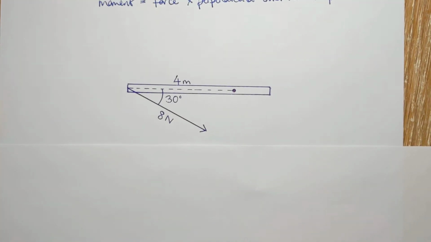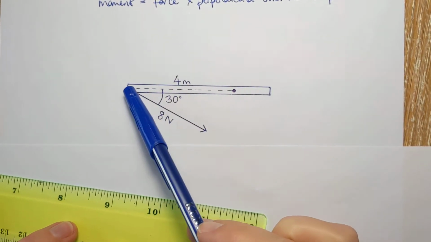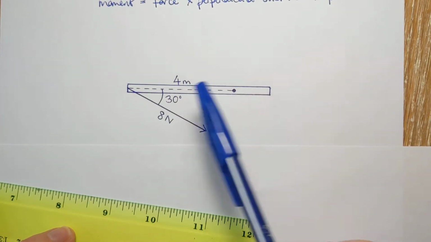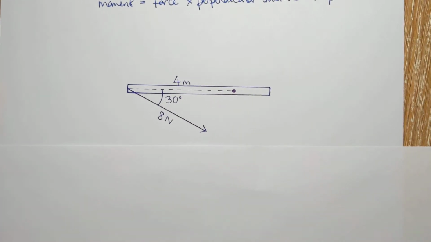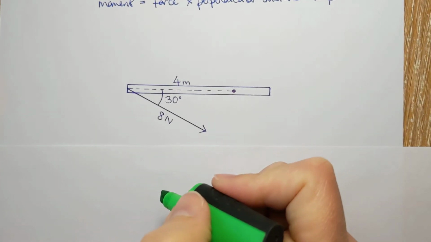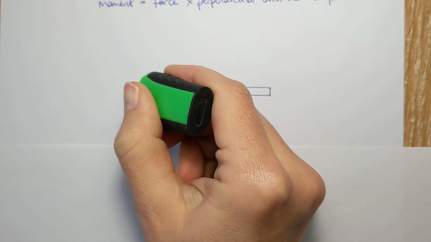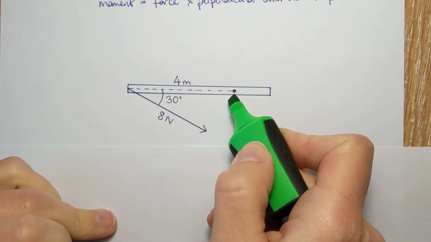But other times the perpendicular distance won't be marked. Then you'll have the distance from where the force acts to the point and an angle marked instead. If you get a question like this, highlight the displacement arrow from where the force acts on the object to the point.